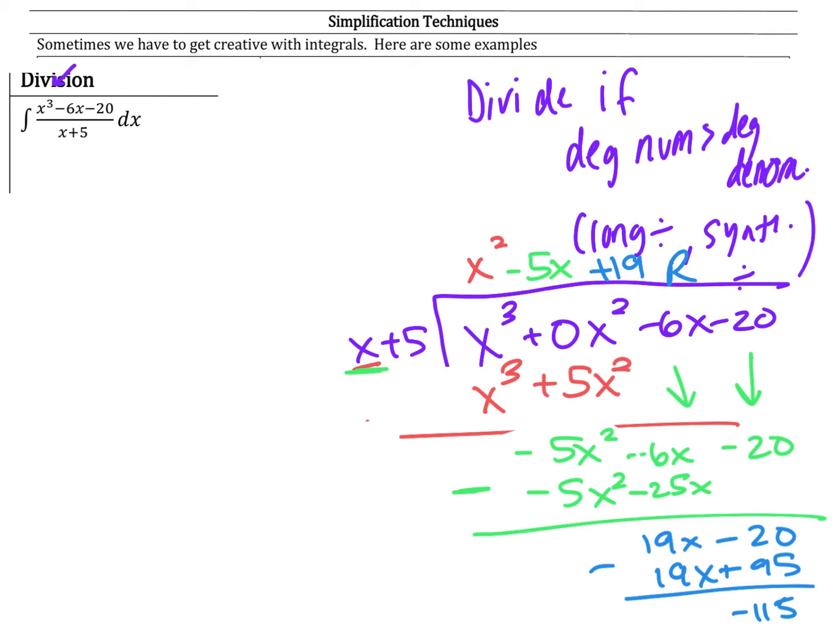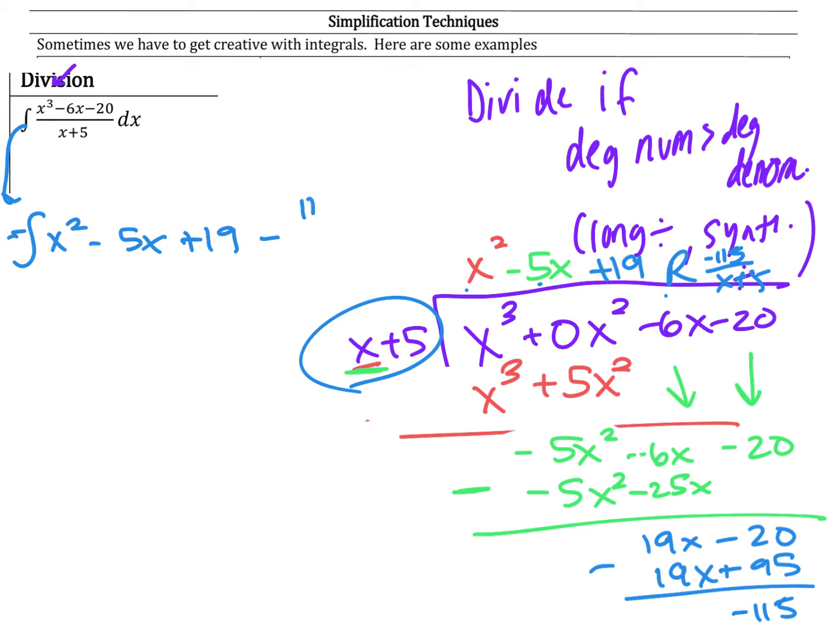In Algebra 2, you learned that your remainder gets put over the thing you were originally dividing by, x plus 5. So this could be rewritten as x squared, that's my first term, minus 5x, plus 19, minus 115 over x plus 5.